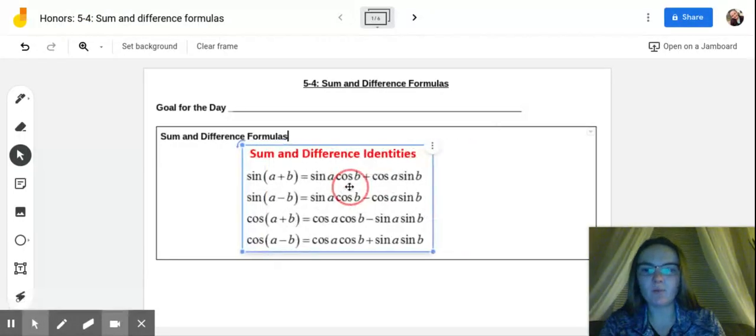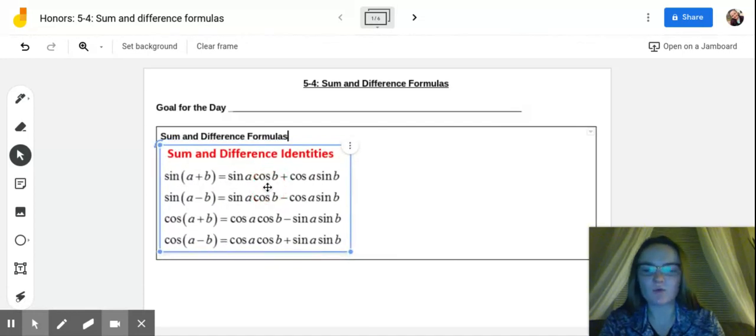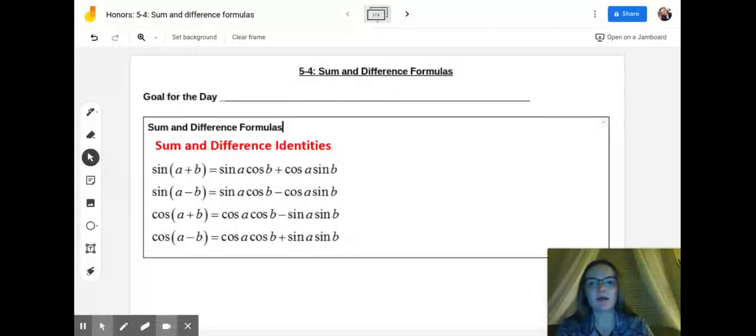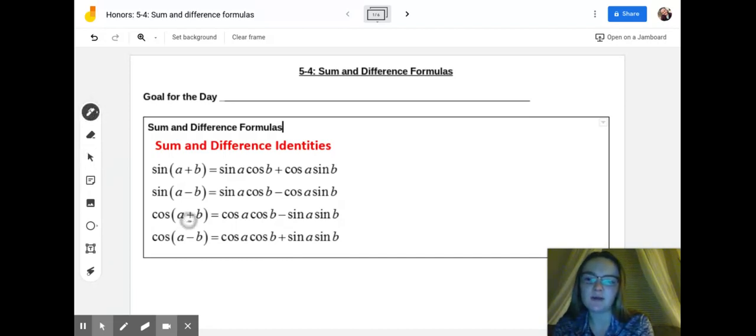Okay, so these right here are what are called the sum and difference formulas. This whole year, we've been working with different trigonometric identities to manipulate equations so that we can better solve them with and without a calculator. The reason we call them sum and difference is that I go from a sum on the inside to a sum on the outside, and I also go from a sum on the inside to a difference on the outside.